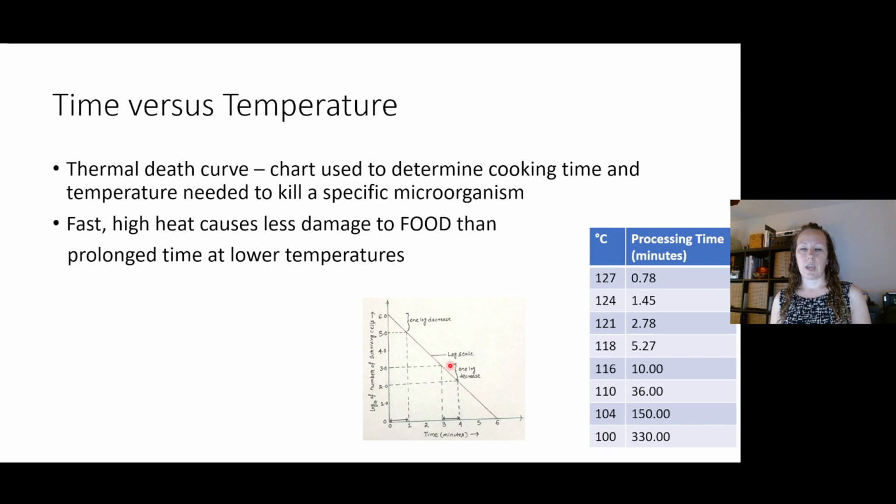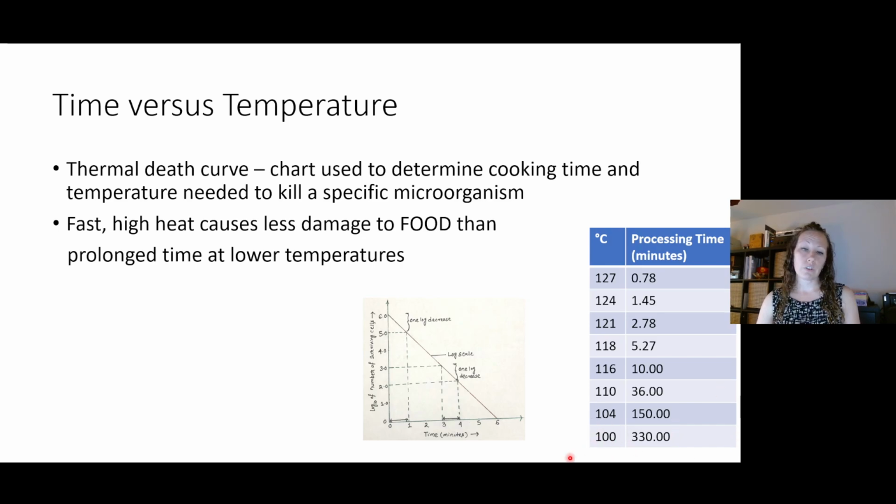The essential thing with the time versus temperature consideration is that fast, high heat causes less damage to the food, not the microorganism, but the food, than a prolonged time at lower temperatures. This example from the book was Clostridium botulinum control at different temperatures.